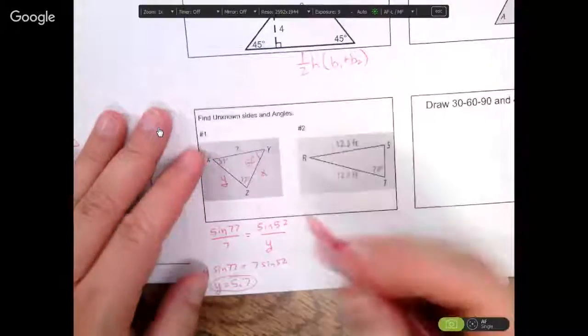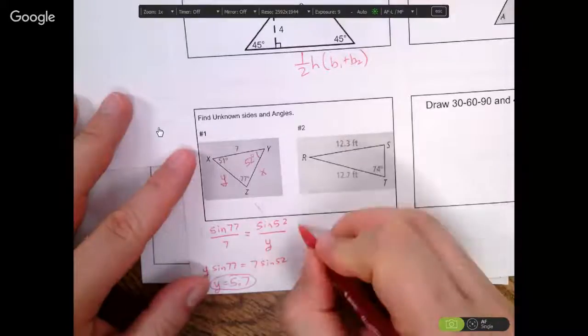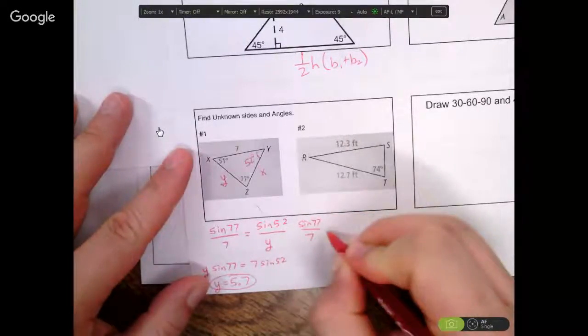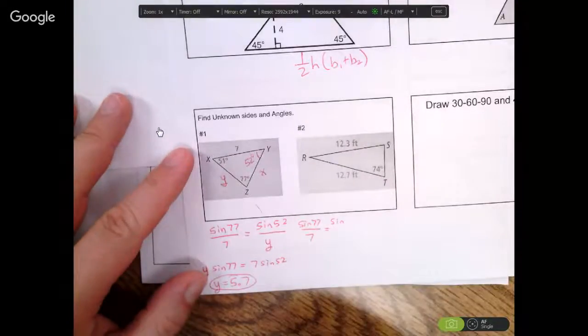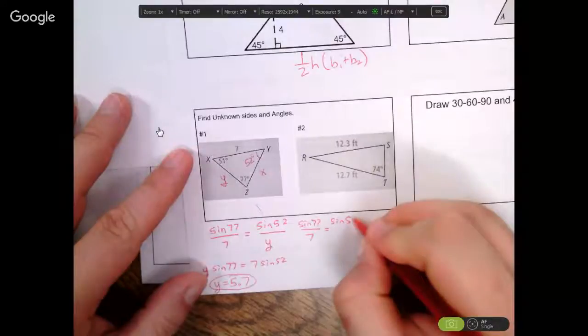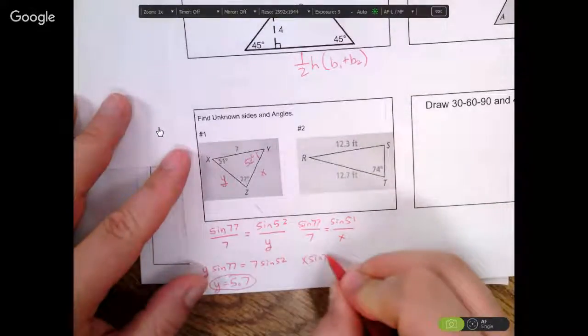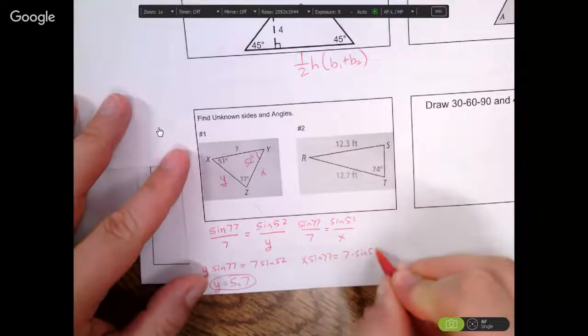So the other one would have been, and I didn't give myself very much room here, sine of 77 over 7 equals the sine of 51 over x. So that would have been x sine of 77 equals 7 times sine of 51.